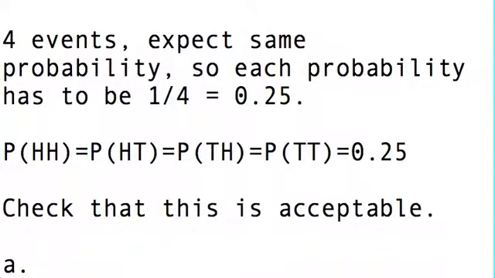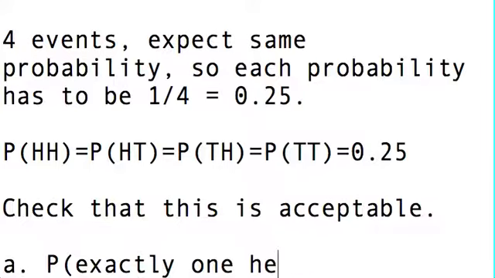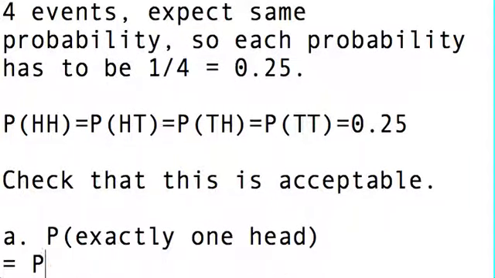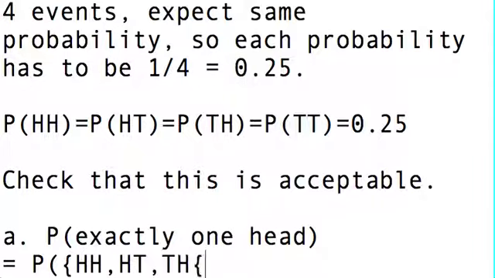Now let's do some probabilities. What's the probability that there is exactly one head? This is sort of lazy set builder notation. I'm not actually writing down the event explicitly, I'm just writing down the event as a statement. Well, what is this set? It's heads, tails, tails, heads.